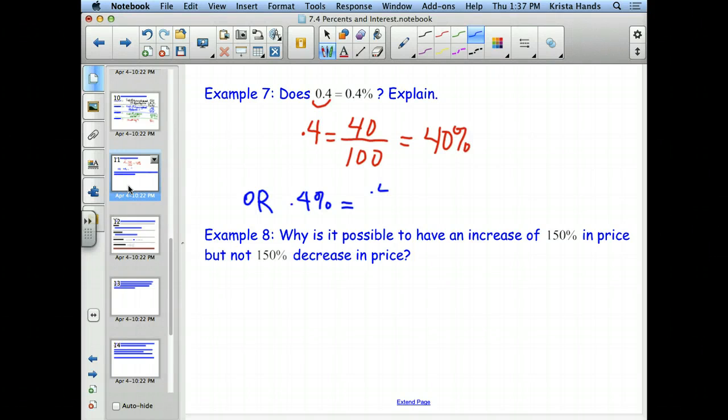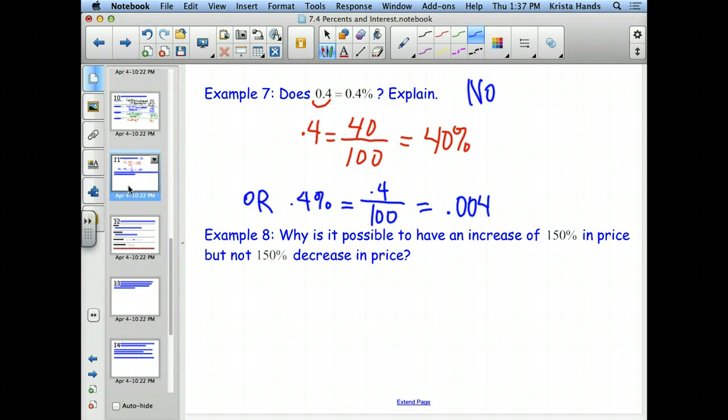So this is 0.4 out of 100. Right? And if you have 0.4 out of 100, 0.4%, we would move that decimal, and what would we get? The decimal to the left would be 0.004. So the answer is no, these do not equal the same thing.